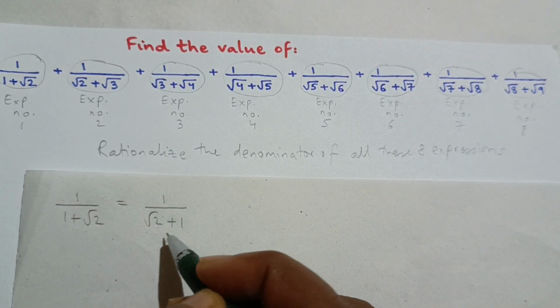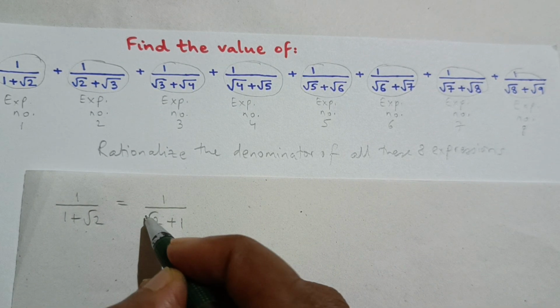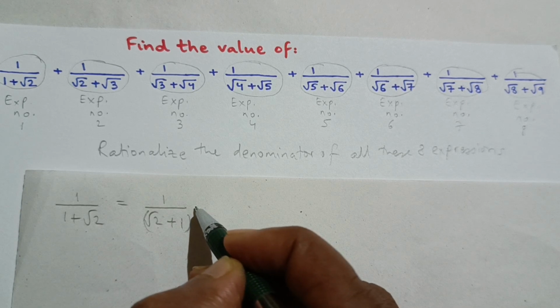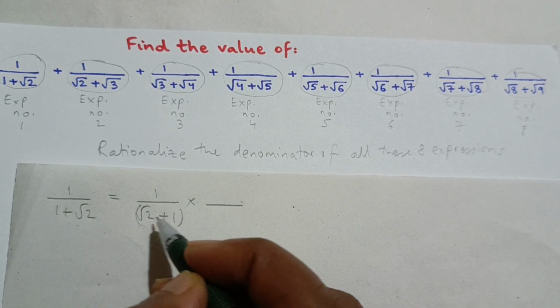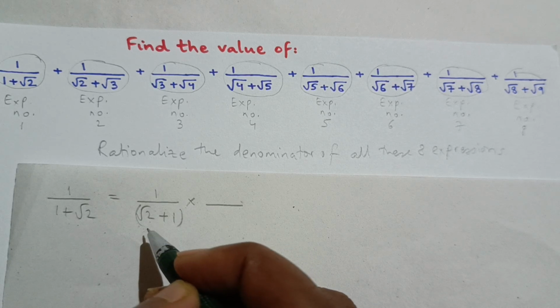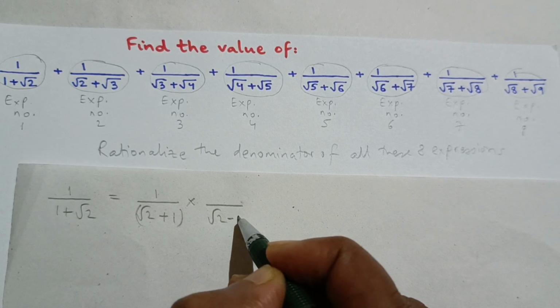Now in order to rationalize the denominator of this expression, I am going to multiply the denominator with square root of 2 minus 1.